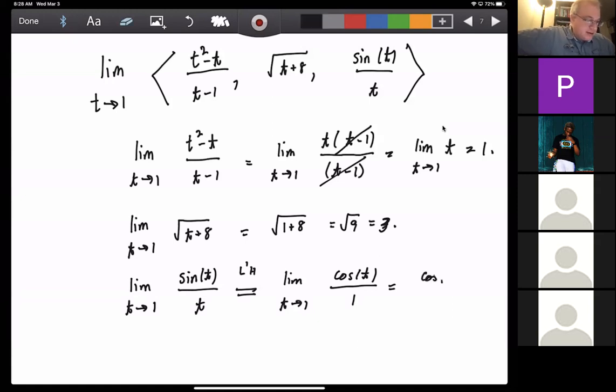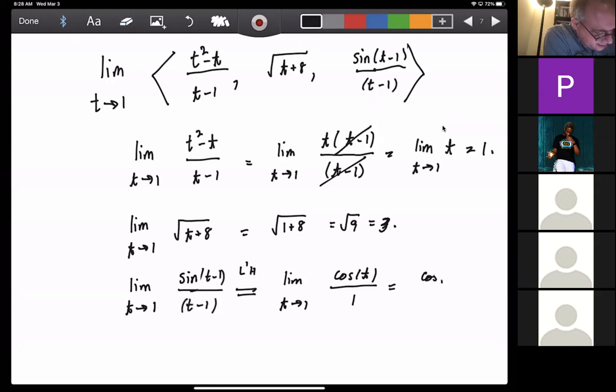Oh, sorry. I did this wrong. I wanted this to be t minus 1, not t. Sorry about that. I wanted it to be forced to do L'Hopital's rule here.